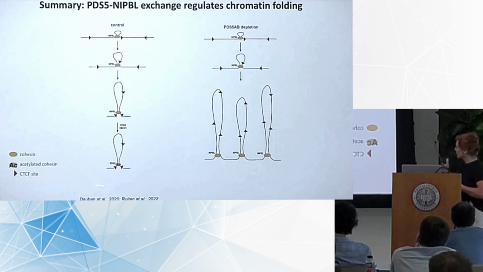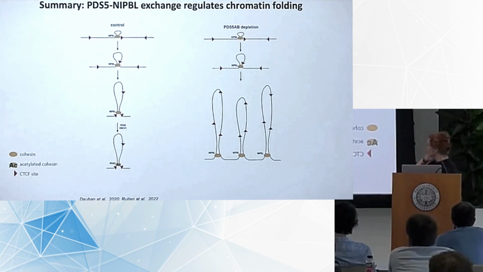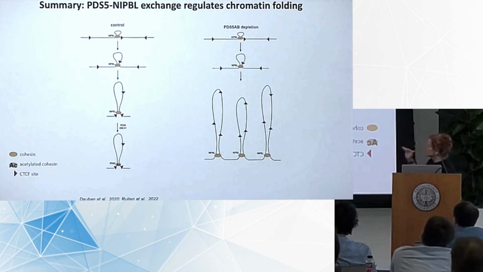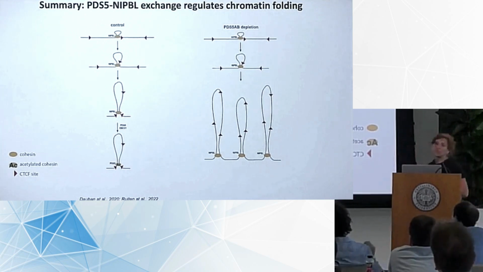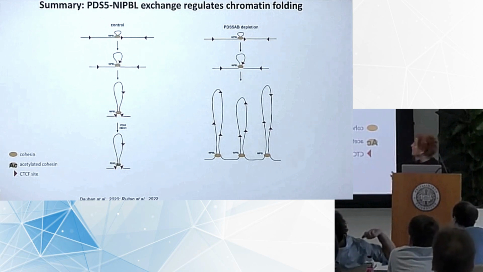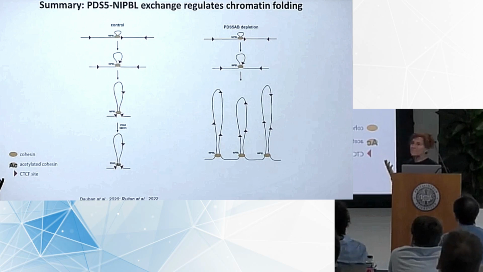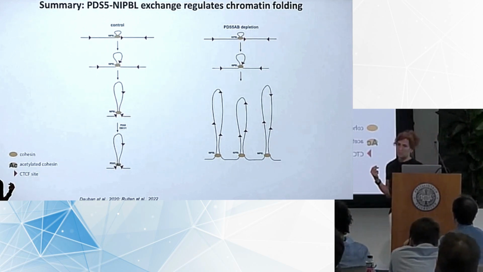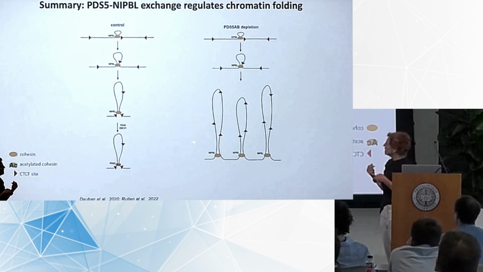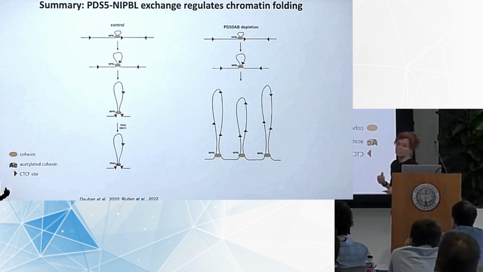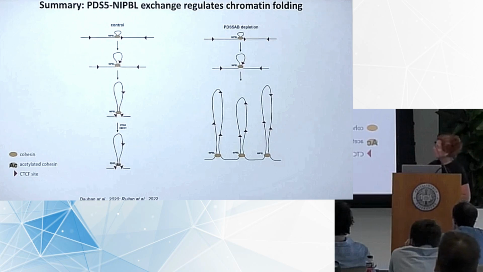This has already been published by two other groups, Roland and Beckwith. What I told you today is that PDS5 also has a function of regulating NAPBL levels on cohesin. If PDS5 is not there, then we get more NAPBL on cohesin. This NAPBL is more stabilized, and this will lead to cohesin bypassing CTCF sites.